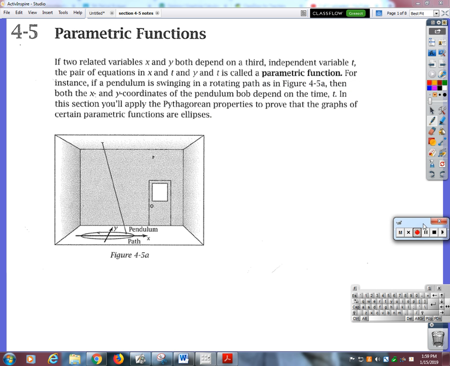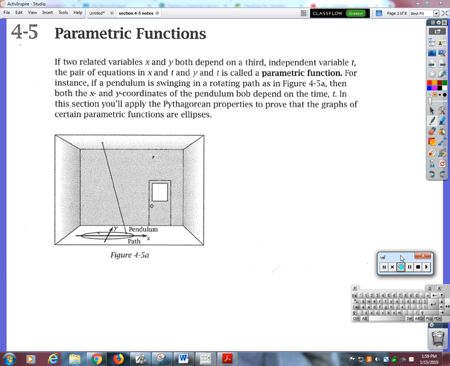And then click on Start Graphing, okay? So this section is on what's called parametric functions. Parametric functions are a different way of representing graphs.